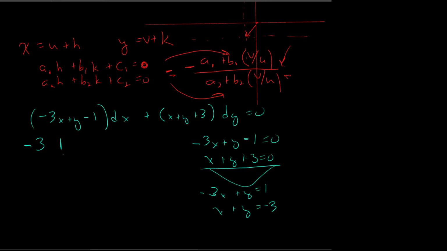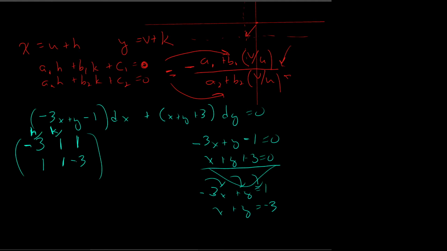And I'm going to turn this into matrix form. So negative 3, 1, 1, and 1, 1, negative 3. It's my row echelon form of these coefficients. And I'm going to solve this system because this column represents my h values and this column represents my k values.